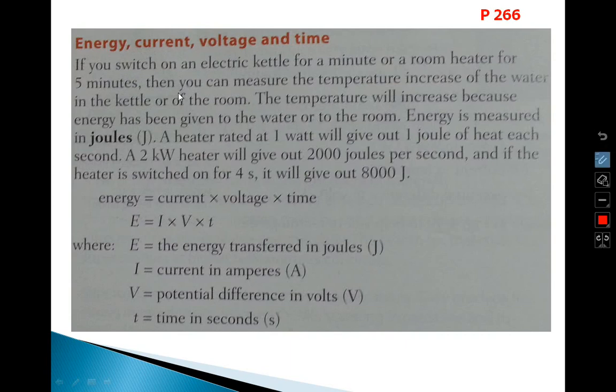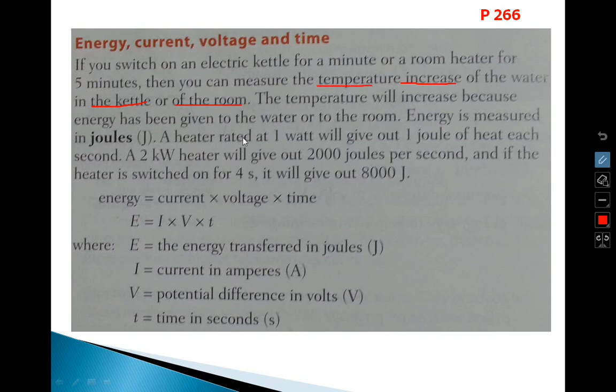If you switch on an electrical kettle for 1 minute, or a room heater for 5 minutes, then you can measure what? Temperature. You can say that the temperature increases. Increase of what? Of water in the kettle, or in the room. So there is an increase in temperature.